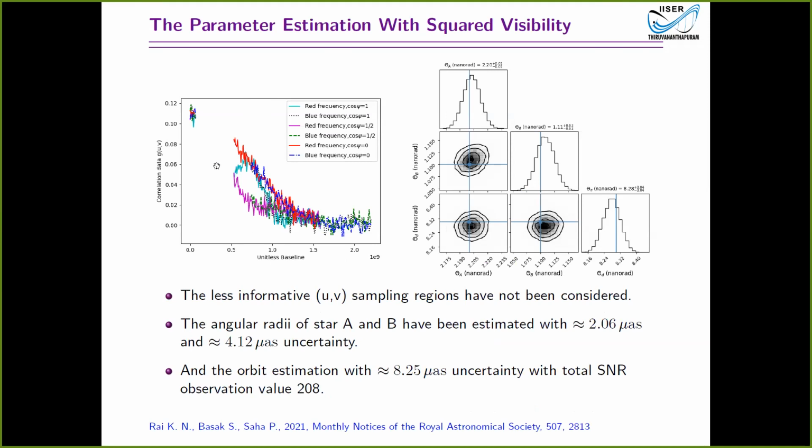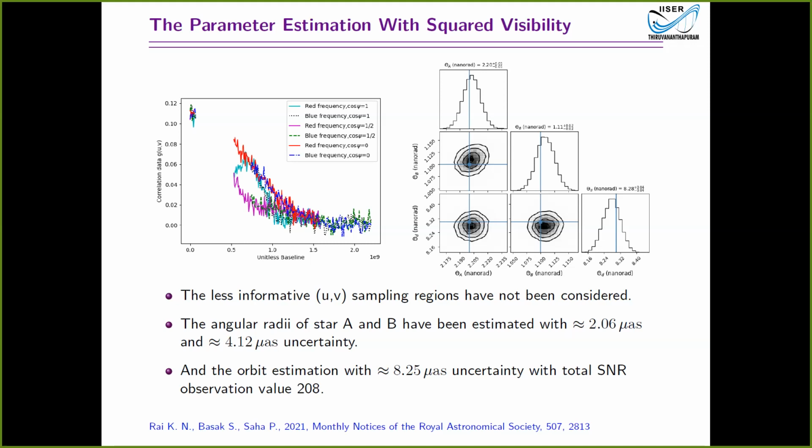Also, we have considered that the less informative part of the UV plane has been removed, and with a total observed SNR value of 208, we have estimated the angular radius of star A with uncertainty 2.06 micro arc second and the angular radius of star B with 4.12 micro arc second uncertainty. Also, we have estimated the astrometric orbit of this binary system with 8.25 micro arc second uncertainty.